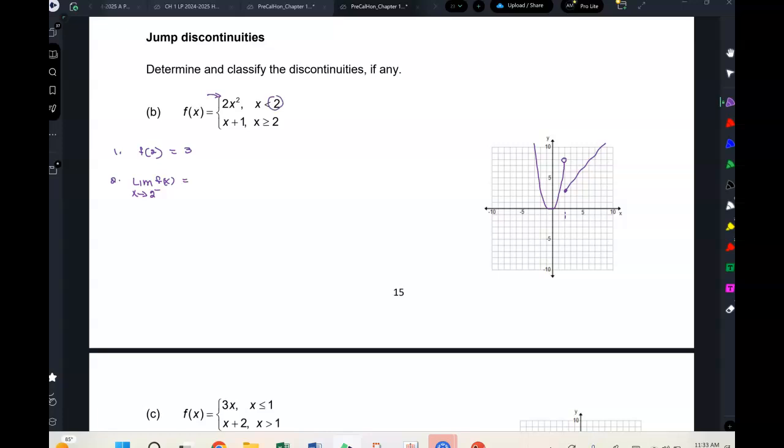And you literally plug in 2 into this function and you get 8. And then you say the limit of f of x as x approaches 2 from the positive side. Plug 2 in here and you get 3. Are those two numbers the same? No. So you say limit of f of x as x approaches 2 equals DNE.